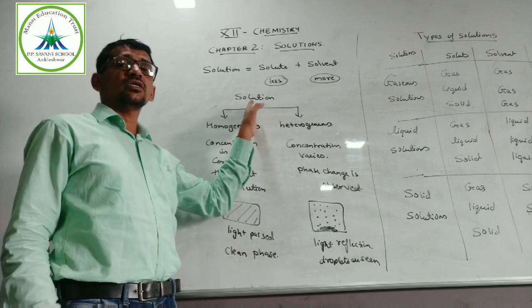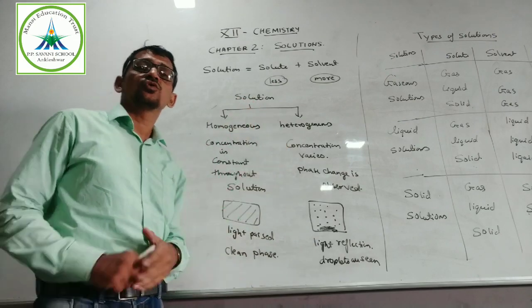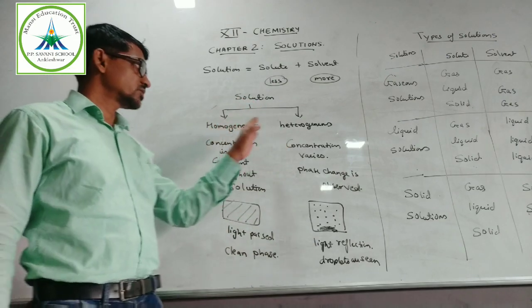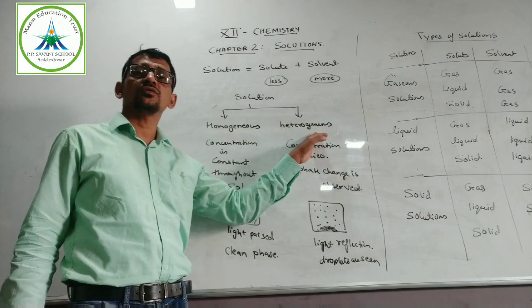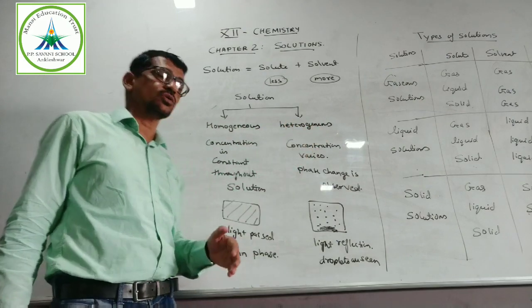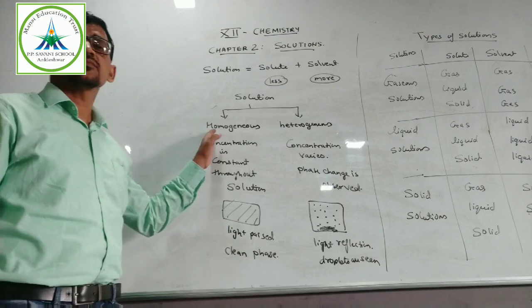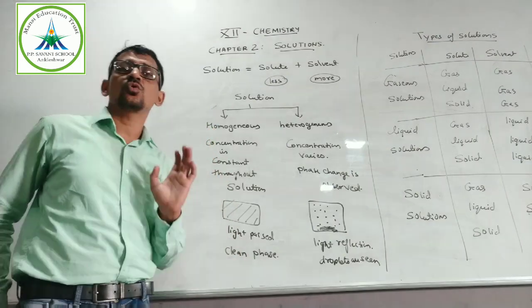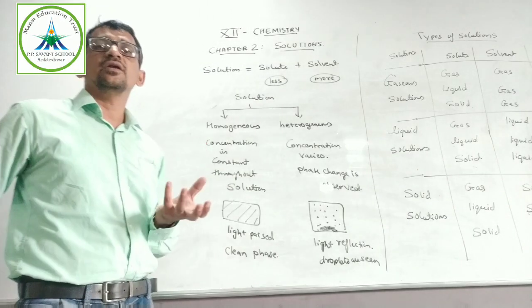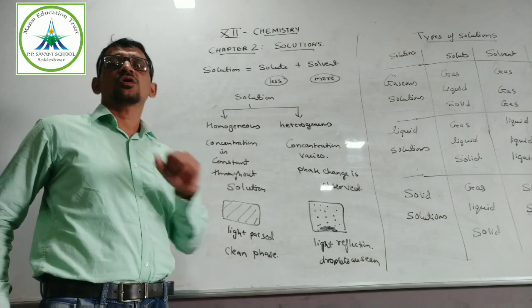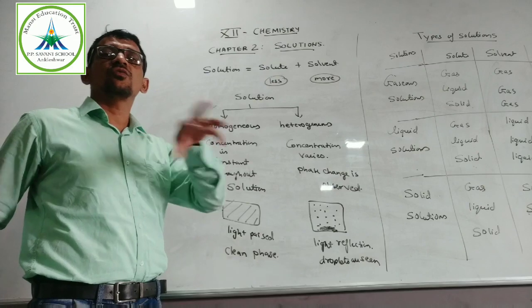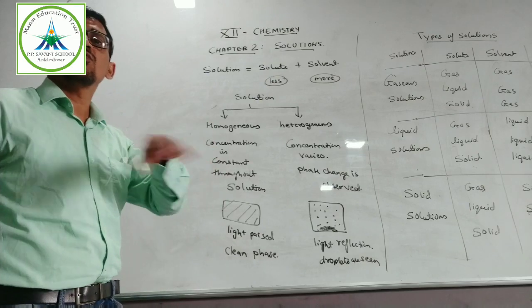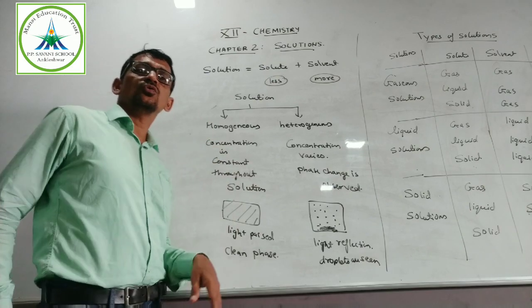Second, solution is classified into two types: homogeneous solution and heterogeneous solution, or we say mixture also. Homogeneous solution means the concentration is constant throughout. If you add sugar in water, then that sugar will spread in the whole water solution.